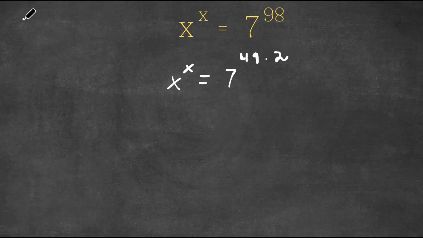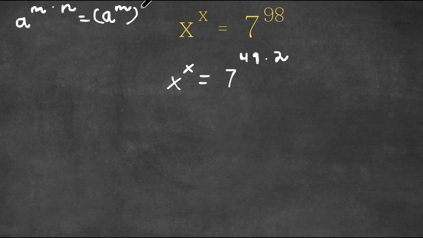And now if we have something in the form a to the power of m times n, we could actually write this as a to the power of m to the power of n. And this could also work vice versa. We could also write this as a to the power of n to the power of m.